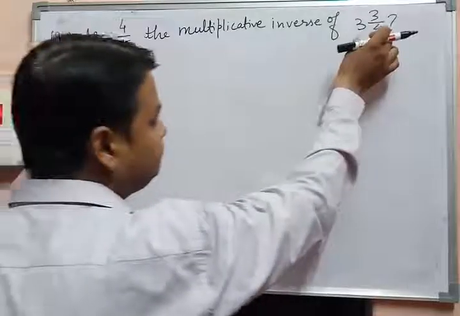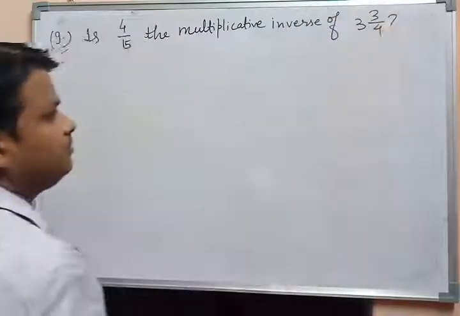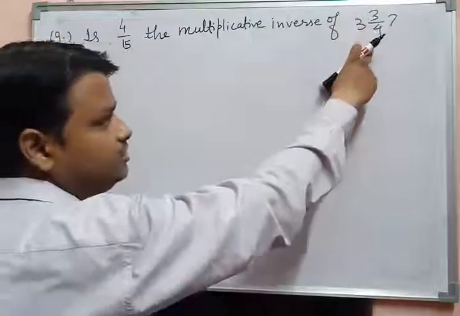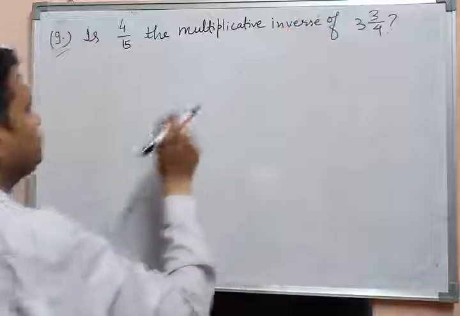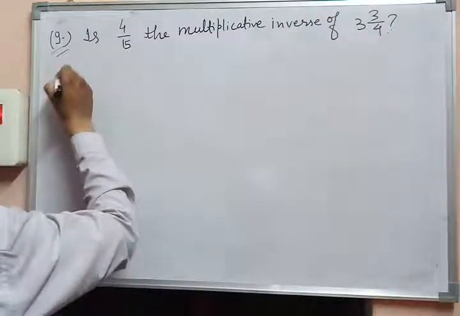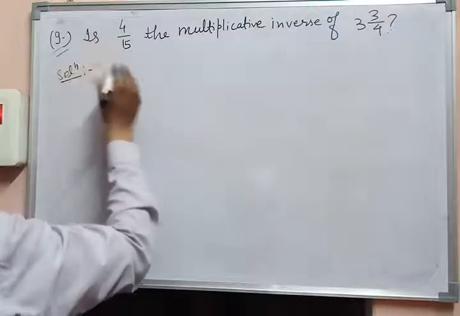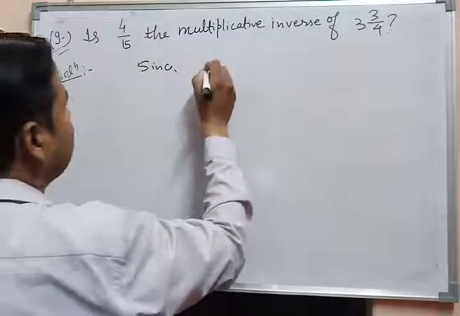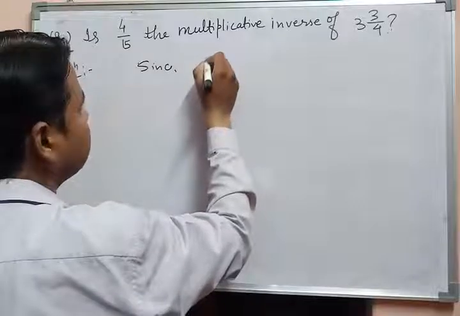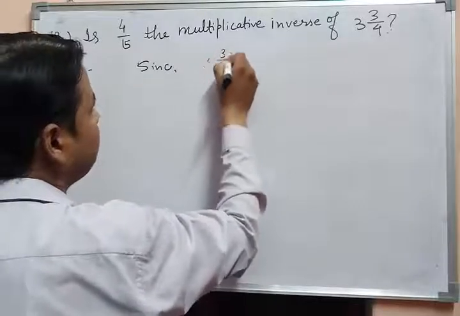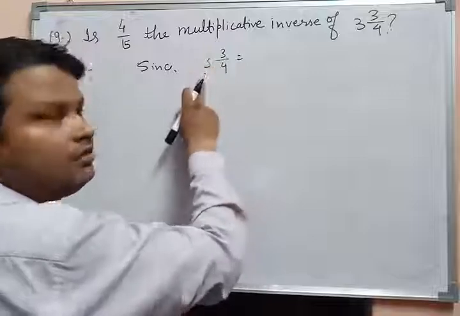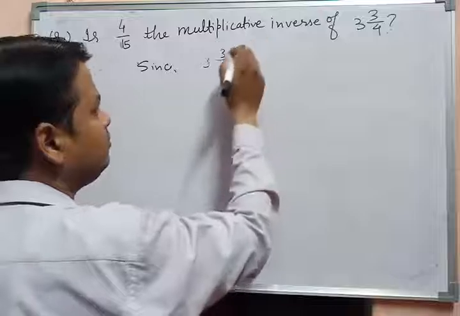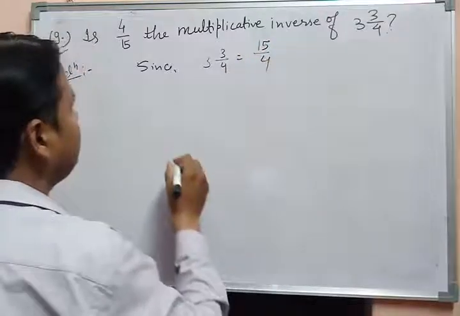First of all, you have to convert this mixed number into an improper fraction. The solution is: since 3 and 3 by 4 is equal to 4 times 3 is 12, plus 3, so 15/4.